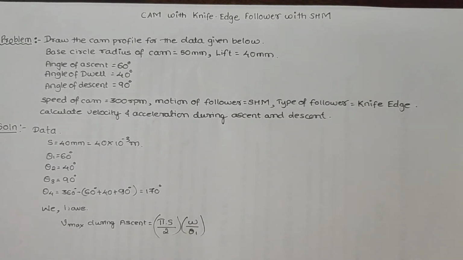This we have studied in the theory part. So we will be substituting the value of pi, which is a constant, and 2 is a constant. Omega we need to find out.